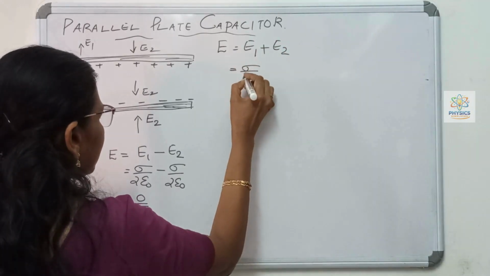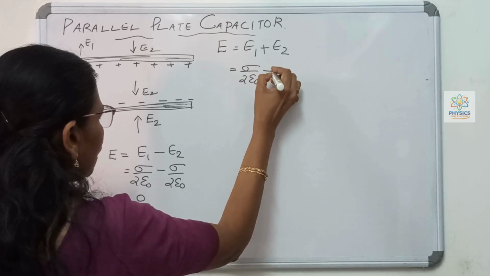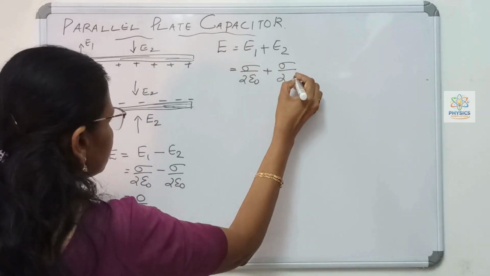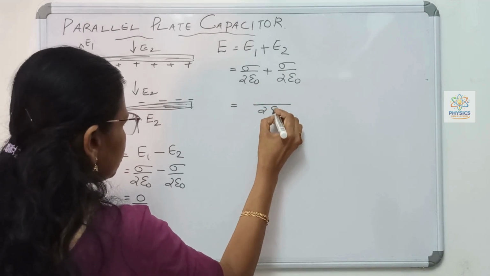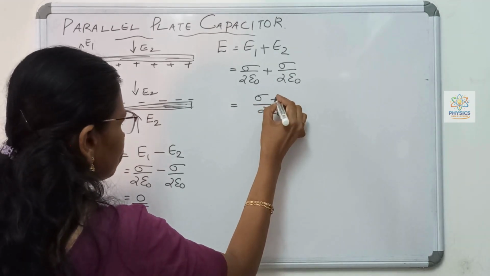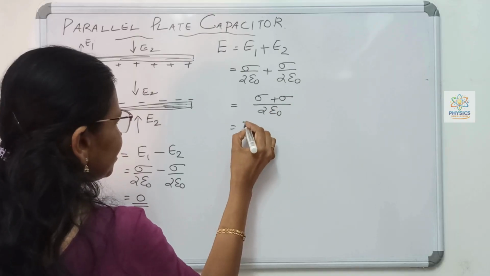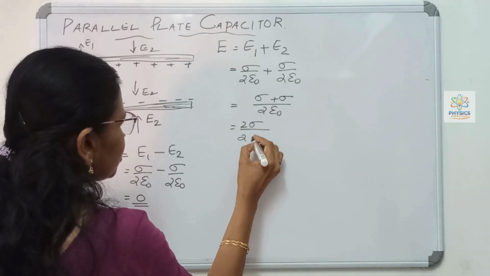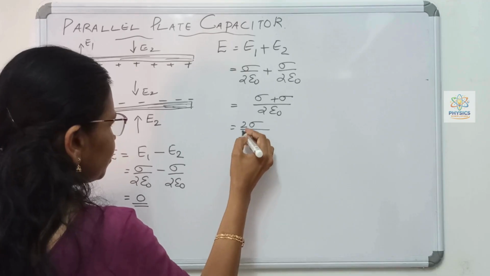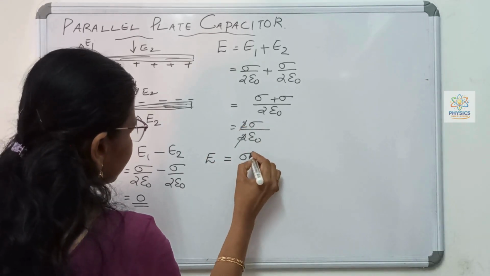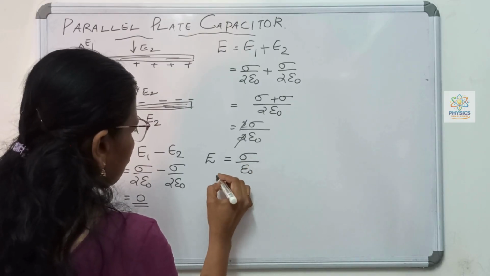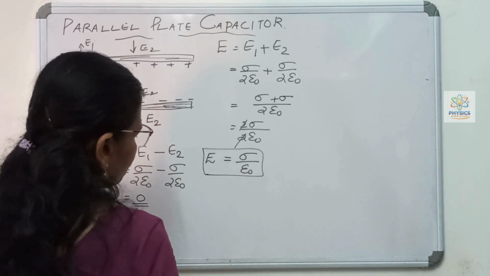E is sigma by 2 epsilon 0 plus sigma by 2 epsilon 0. If we take the LCM 2 epsilon 0, we get sigma plus sigma, that is 2 sigma by 2 epsilon 0. Here 2 and 2 cancel. We get the electric field E is equal to sigma by epsilon 0.